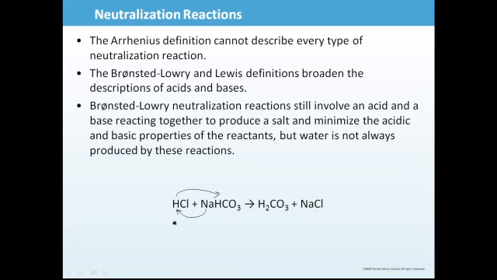So that means the HCl is the acid and the NaHCO3 is the base. So again, the most common one that we use is the Bronsted-Lowry. We're looking for who's donating hydrogen and who's accepting the hydrogen. The donor is the acid, the acceptor is the base.